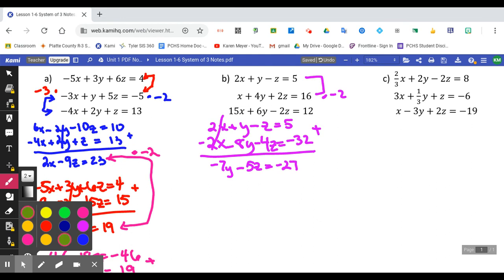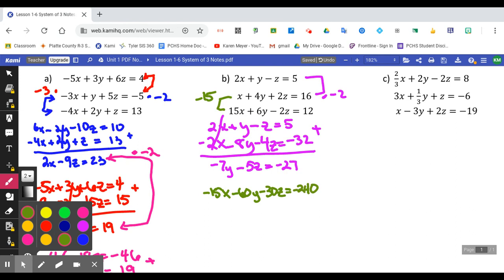So now you've got to cancel out x again. So pick two different equations. And this time I'm going to pick the bottom two. And I'm going to multiply the middle one by -15. So that will give me -15x minus 60y minus 30z equals -240.